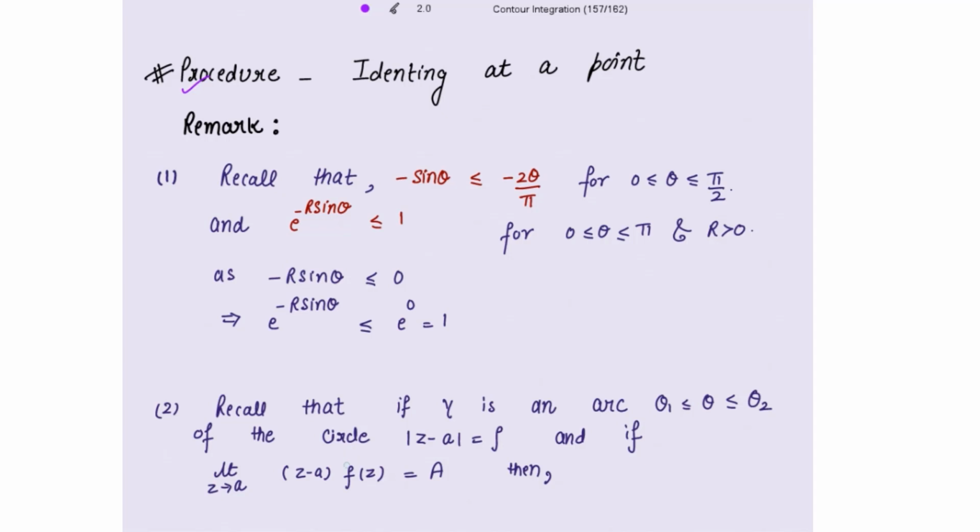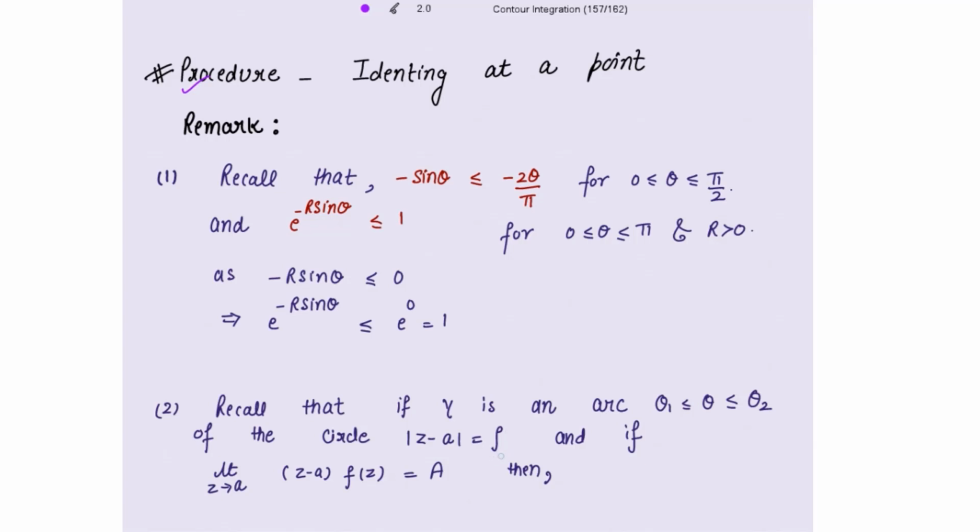Second, recall that if gamma is an arc where theta is greater than or equal to theta 1 and less than or equal to theta 2, this theta 1 is your first angle and theta 2 is your last angle, when we are dealing with circles, of the circle mod z minus a equal to rho.